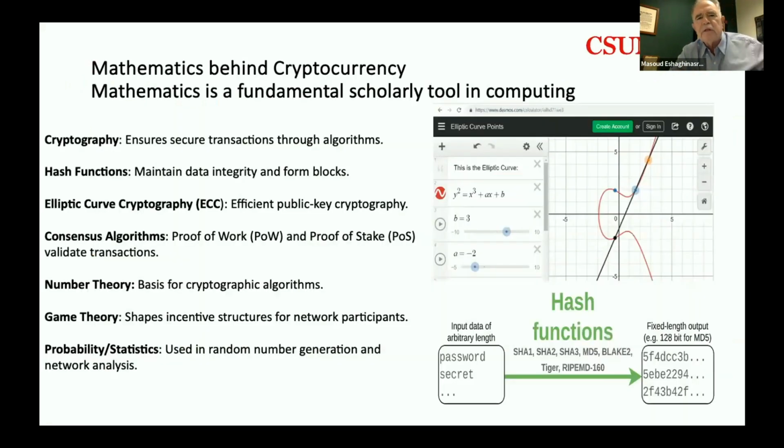Different types of math cover cryptocurrency, for example, cryptography, hash functions, elliptic curve cryptography, algorithms, number theory, game theory, and probability and statistics.